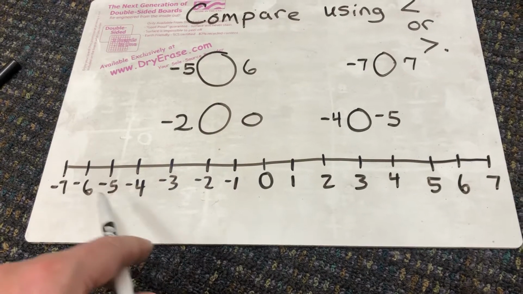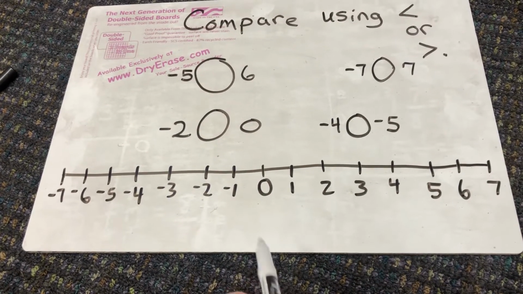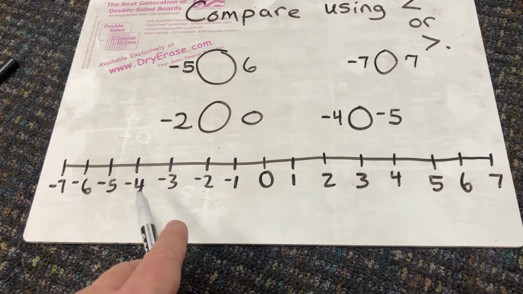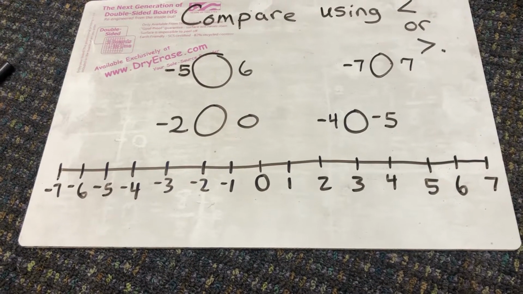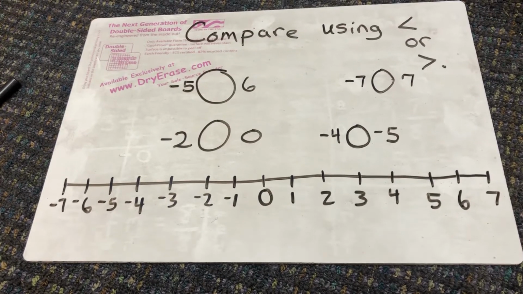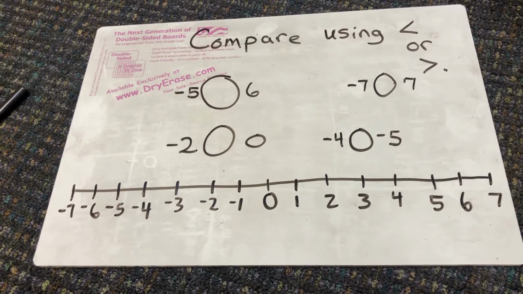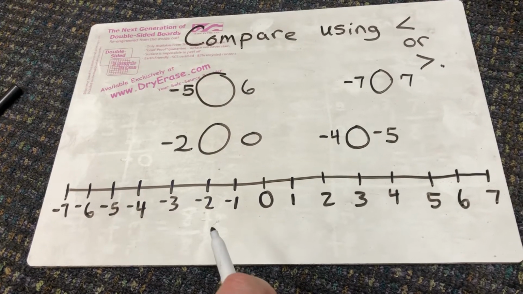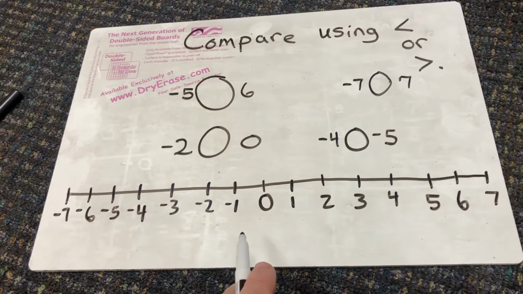The smaller the number gets, the bigger the actual digit. So it's important to understand that negative 1 is bigger than negative 3. Negative 4 is bigger than negative 7. You can think of it this way: if you had a jar full of candy in your room and your little brother or sister comes in and takes 3 pieces, you would have rather had them take 1 piece, okay?